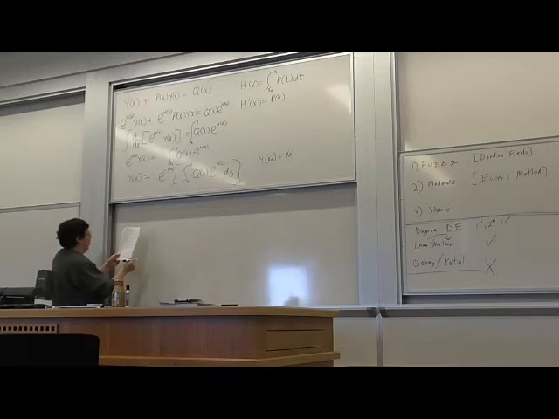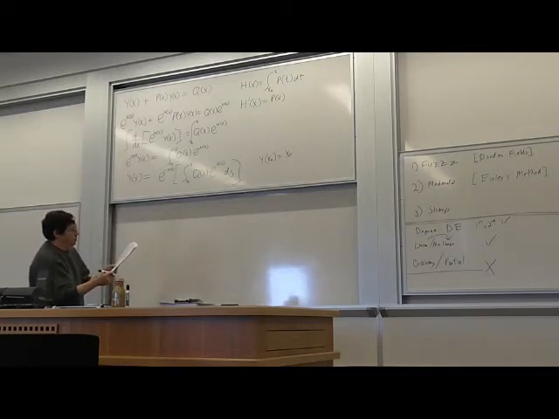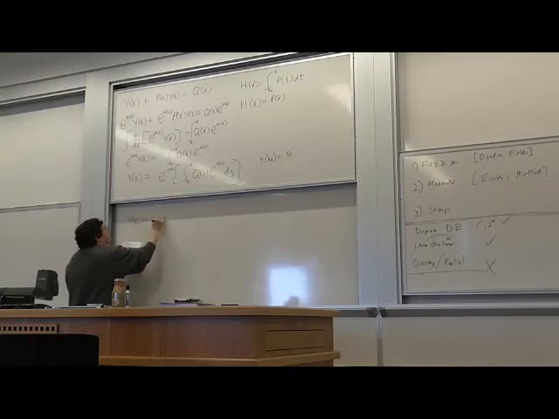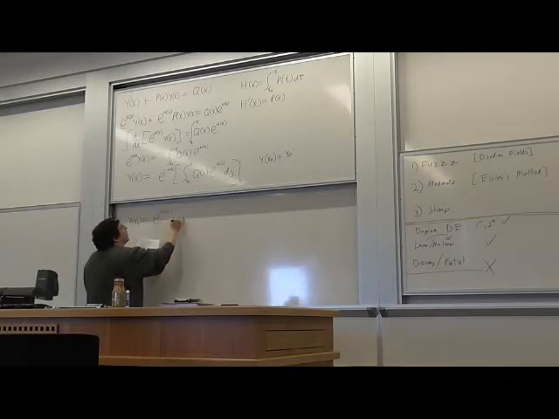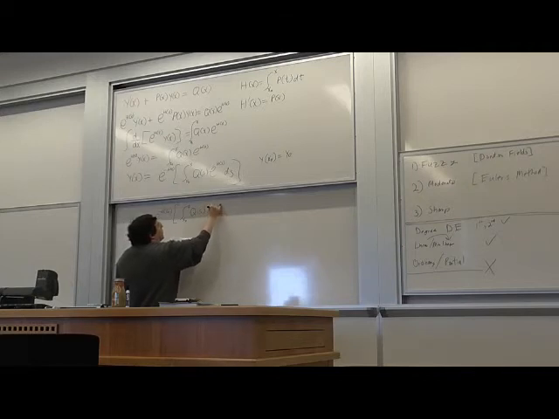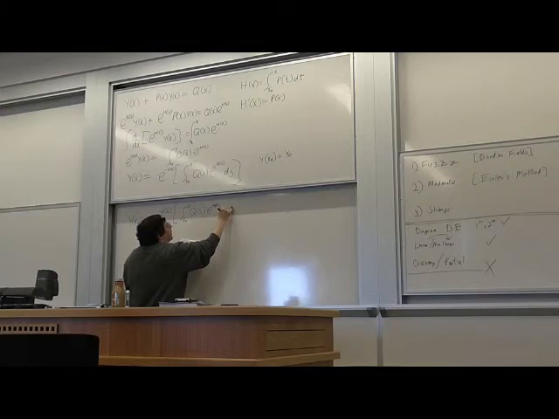So first, y of x naught equals e to the negative h of x naught times the integral from x naught to x of q of s h of s ds.